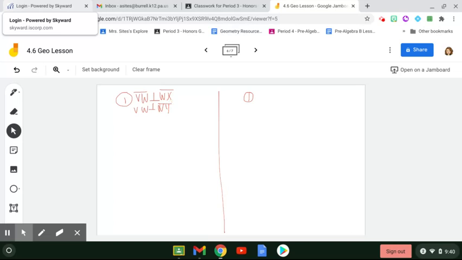And we know that VW is perpendicular to WZ. We also know that VX is congruent to VY, and that is also congruent to VZ. And that's all given.